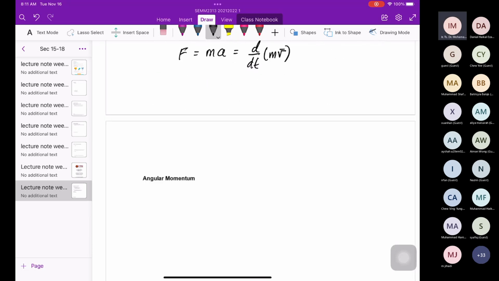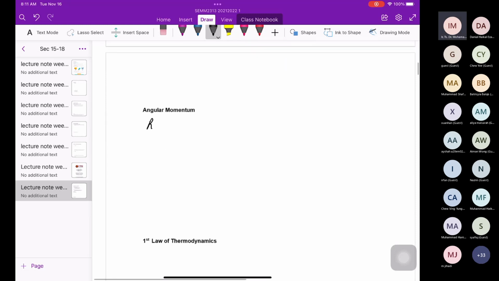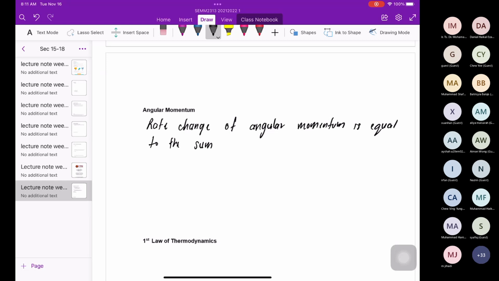And angular momentum, the rate of change of angular momentum is equal to the sum of all moments acting on the system.